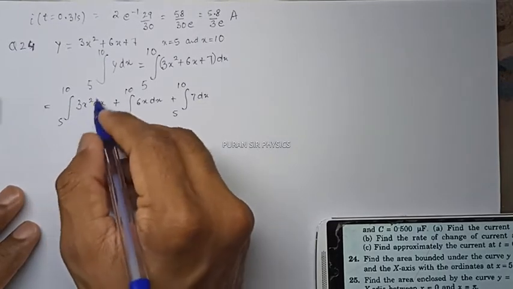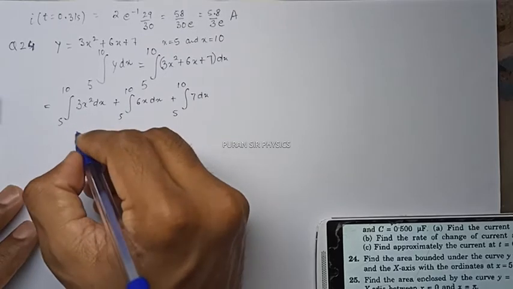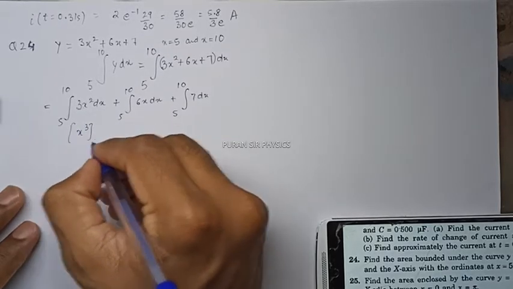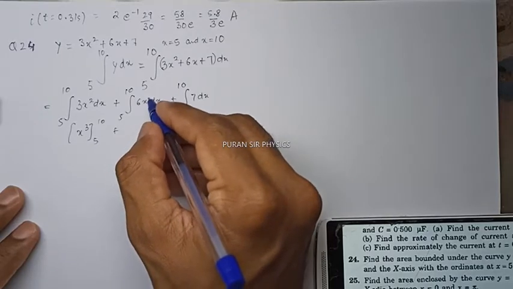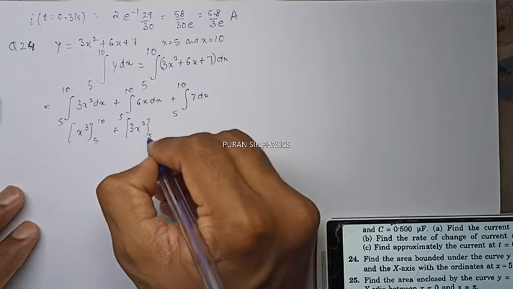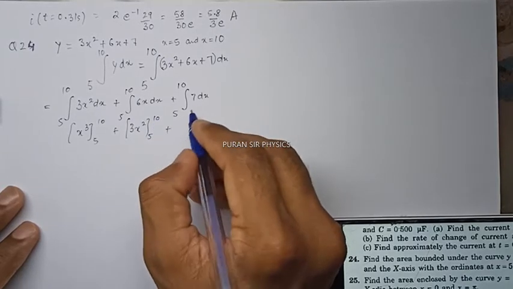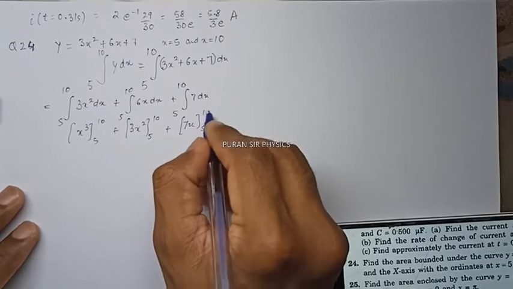So if we do the integration of 3x square, it will be 3x cube by 3, so it will be x cube from 5 to 10, and 6x square by 2, that will be 3x square from 5 to 10, plus 7x from 5 to 10.